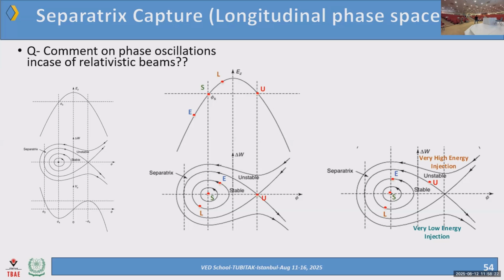Energy injection will eventually determine the acceptance criteria for the phase space in the longitudinal direction. In the longitudinal direction, you have to be at the right phase. You have to be at the right time. But you should be able to present yourself at the right energy as well.